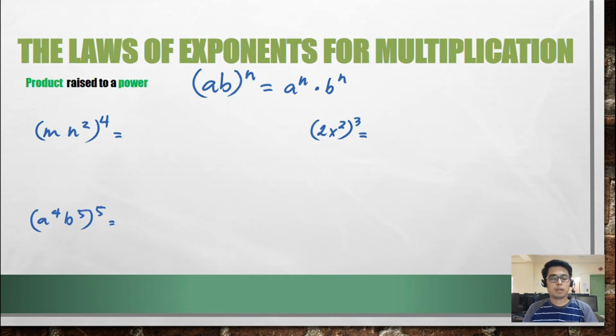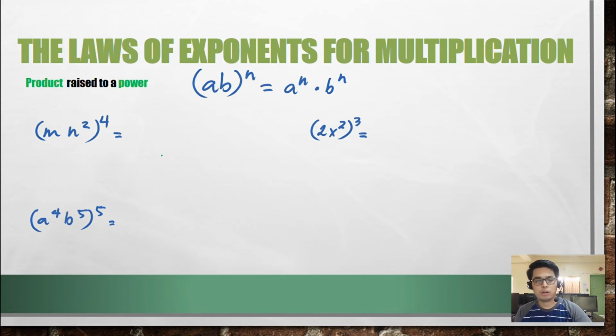So, again, gagawin lang, representation ng law, kailangan i-distribute mo sa mga terms na nasa loob ng parentheses. Okay? Common mistake kasi ng estudyante, ito lang ang nilalagyan yung B or yung pinakamalapit sa exponent. Okay? Which is wrong. Now, let's have the first example. So, mn square, quantity raised to 4.